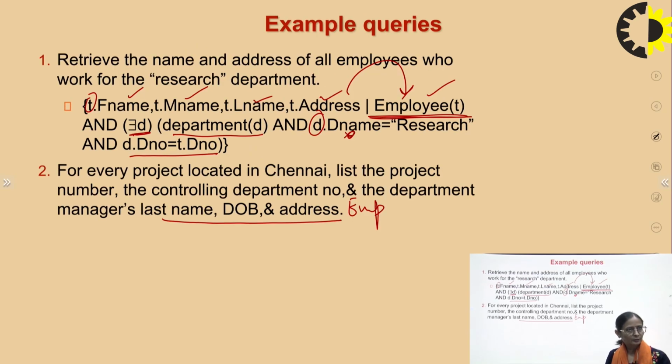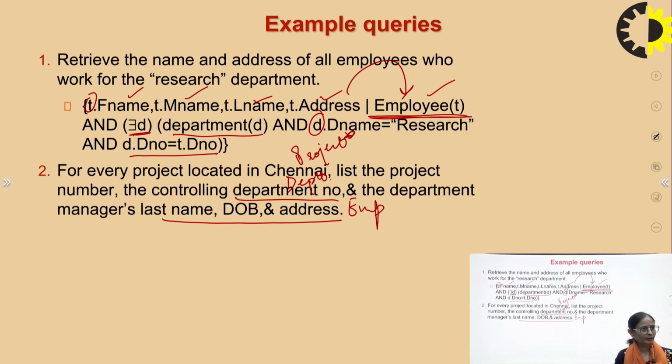So located in Chennai, for this I need the project relation. List the project number and controlling department, which is coming from the relation department. So for this query I need to address three relations: one is project, another one is department and the third one is employee.